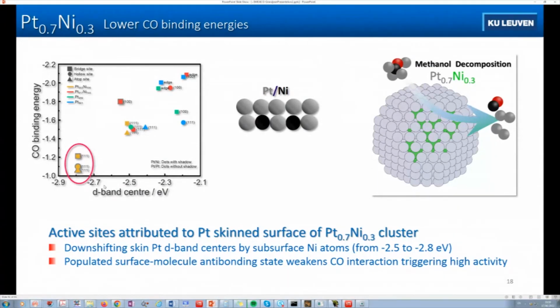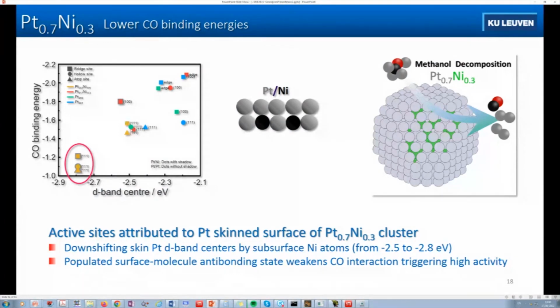And indeed, if you look at these sites here, when you have this Pt-nickel system, you really have lower CO binding energy, and you have a D-band center that is shifted here from 2.5 in a typical one. Maybe it's not clear, but this is only Pt, and this is Pt with nickel, so it's a bit complex.